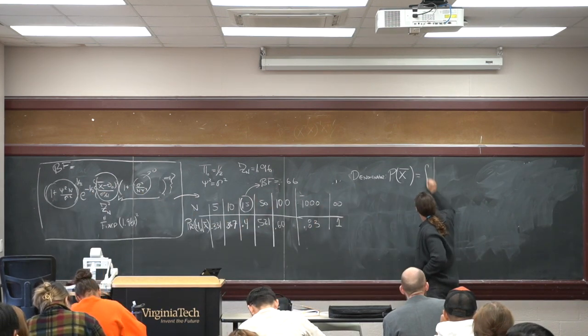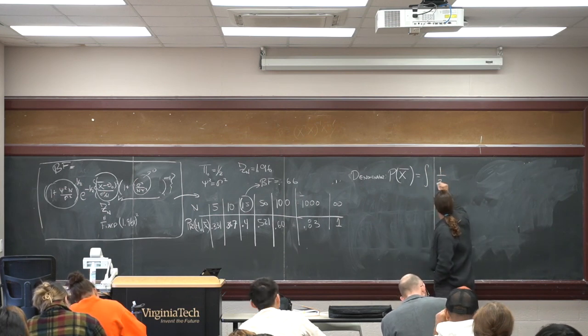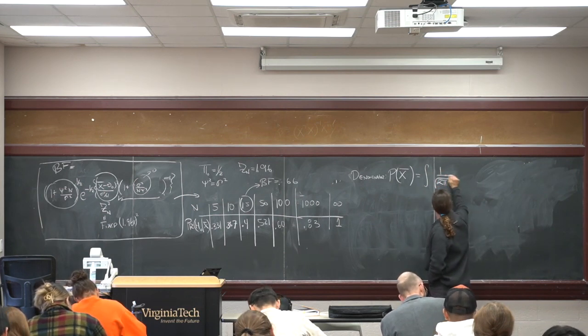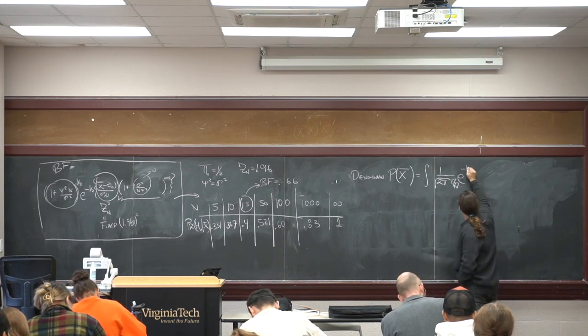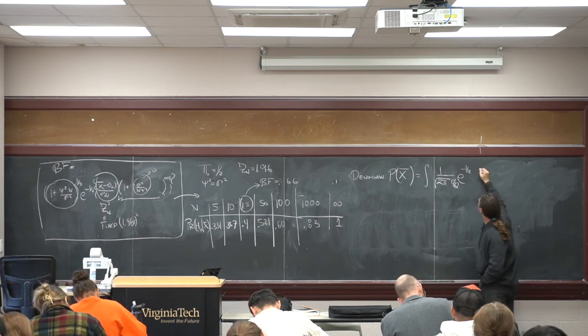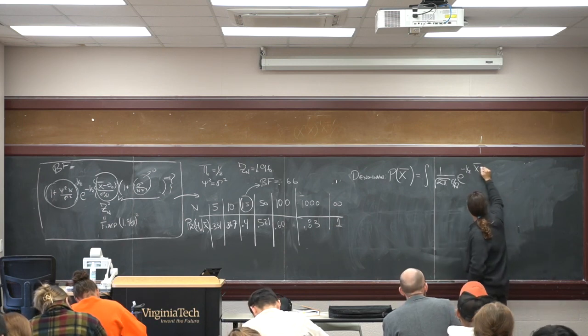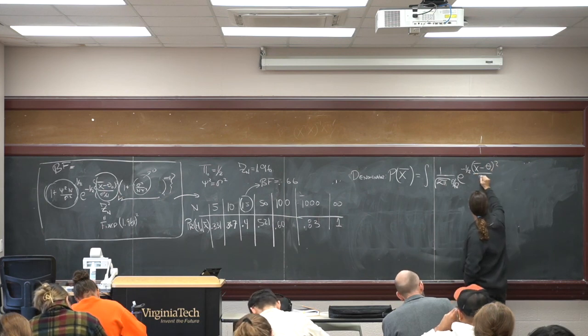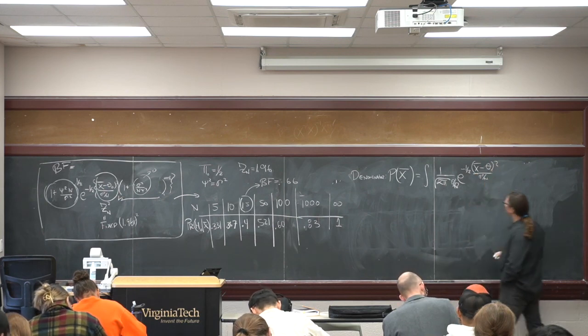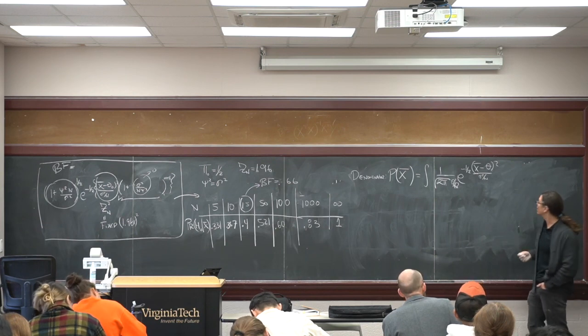So what does this look like? This looks like 1 over square root 2 pi, e to the sigma over root n, e to the minus 1/2, x bar minus theta squared over sigma squared over n. And then I have some alternative prior.